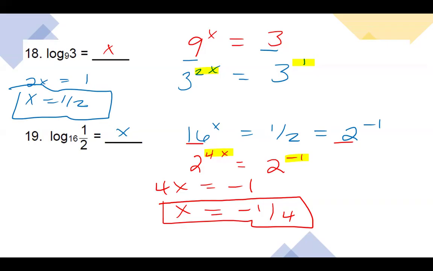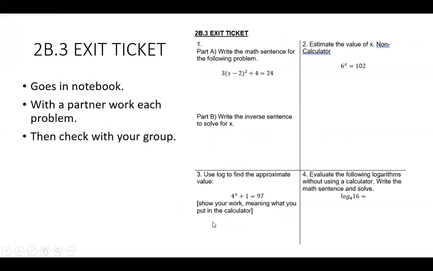Okay, how did we do? Doable? So what you're going to do for the next 10 minutes is work on your exit ticket. Your exit ticket is a combined review of 2B.1, 2B.2, and 2B.3. It goes in your notebook.